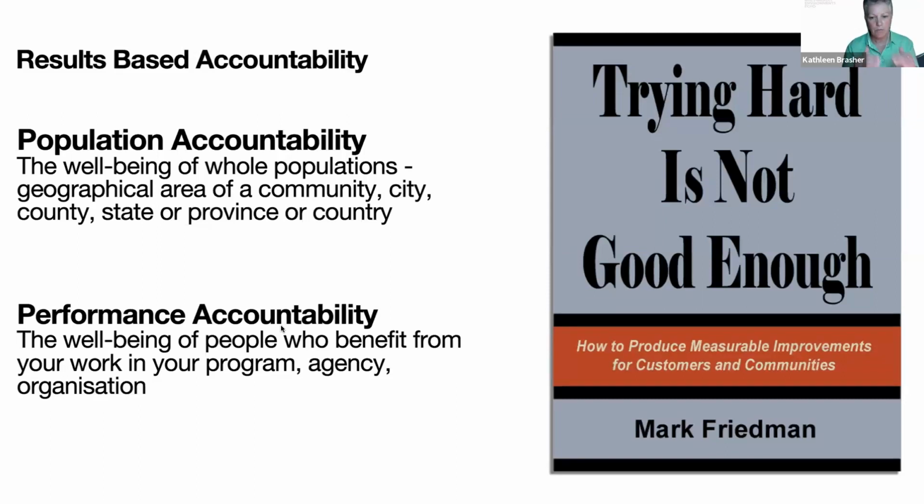Whereas when we look at performance accountability, that's about measuring and monitoring and evaluating our progress for the well-being of the people who are directly benefiting or involved in the work we do on a daily basis.